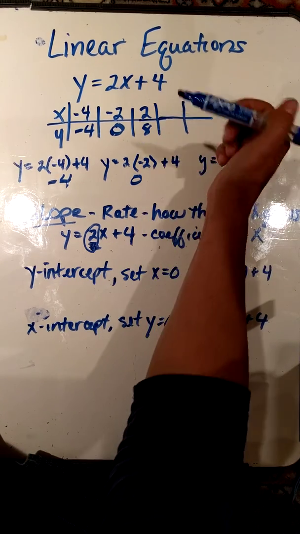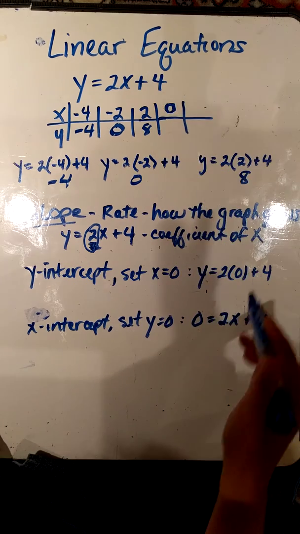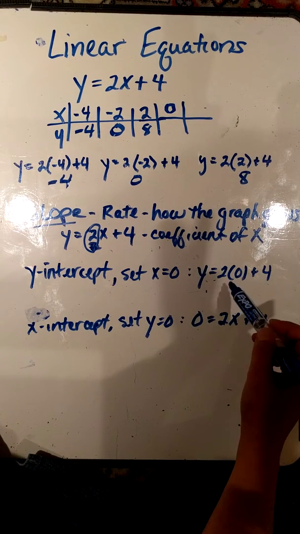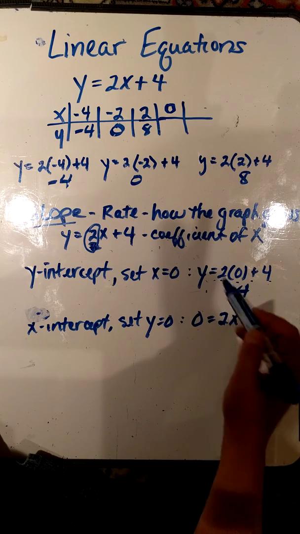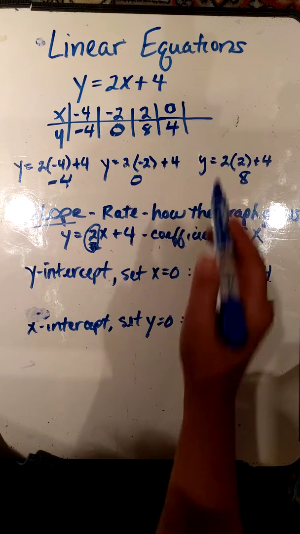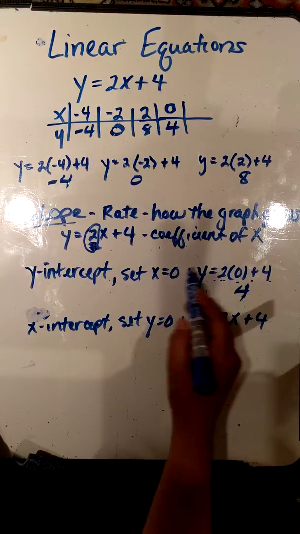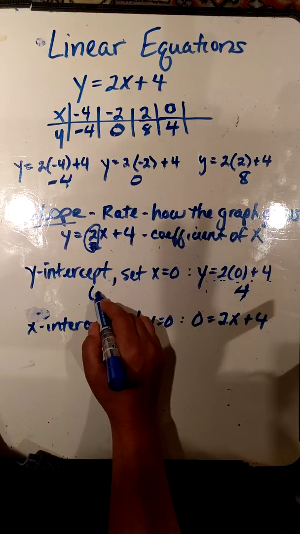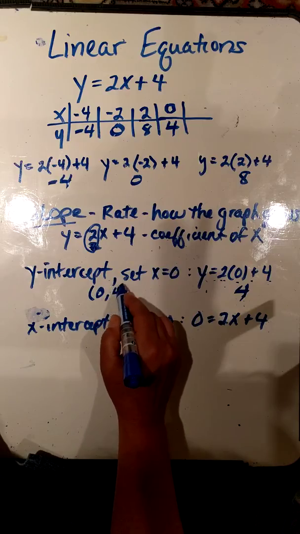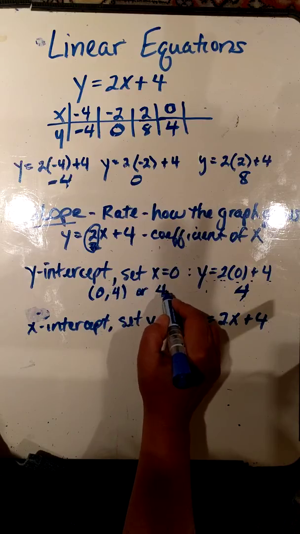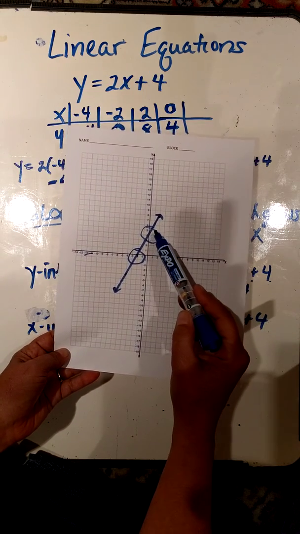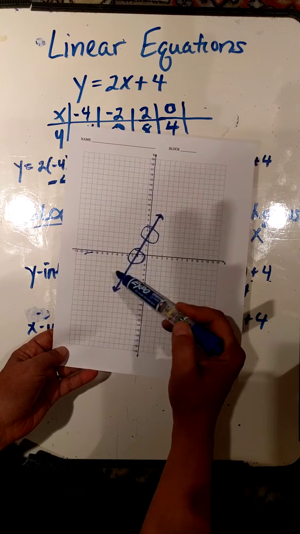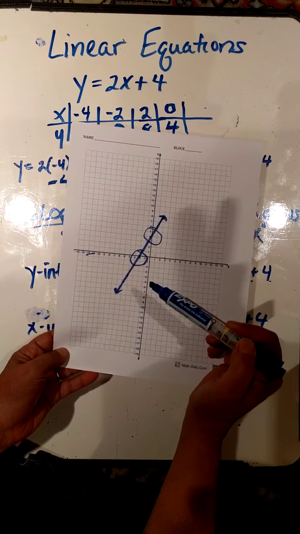In the same way we did y equals 2x plus 4, we're going to say 2 times 0 plus 4. 2 times 0 is 0, plus 4, so we come up with 4. Our y-intercept is 4, or you can say the y-intercept is 0, 4. Either one works. That's where we cross the y-axis, and if you look at our diagram, that's what shows here.